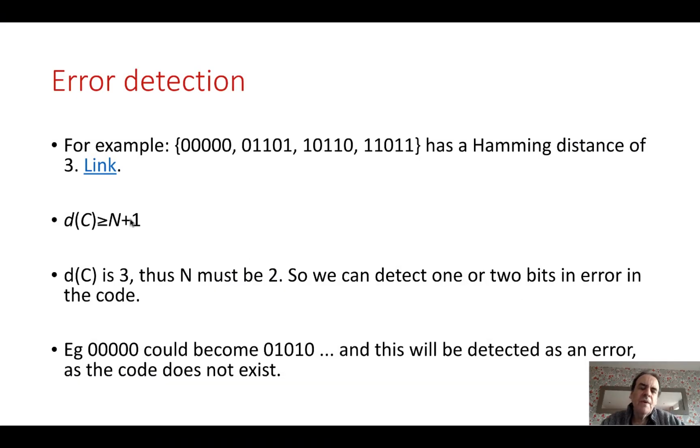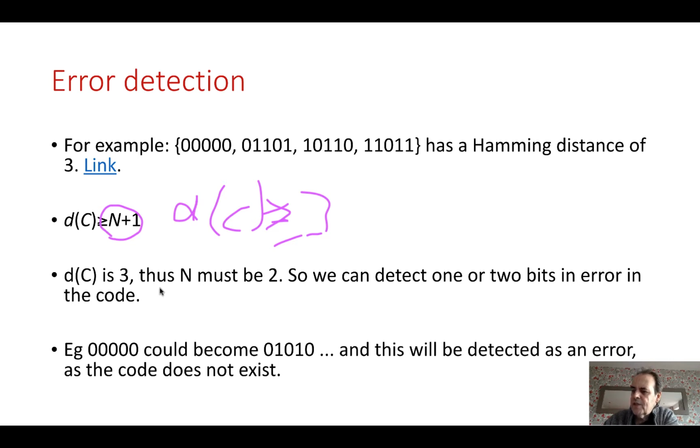Okay, so let's say we wanted to be able to detect n errors. What will the Hamming distance have to be for that to actually happen? In this case we have a value of 2 here, so that becomes 3. So the Hamming distance for our codes must be greater than or equal to 3.